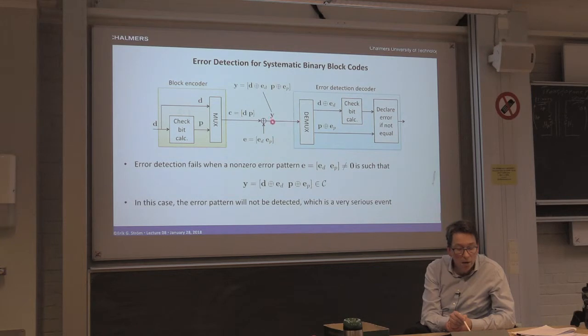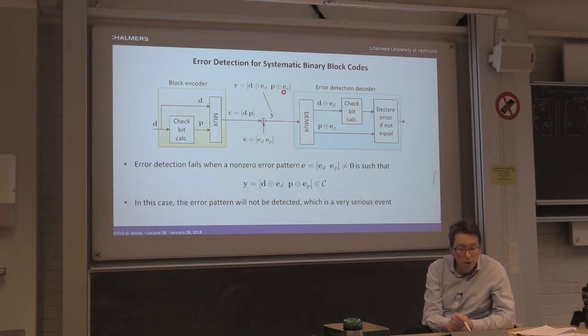So Y here has 2 parts, one corresponding to the data bits and one corresponding to the check bits. In the best of worlds, ED and EP are 0, so then Y is equal to DP, which is what we transmitted. But there might be some errors in D and there might be some errors in P.